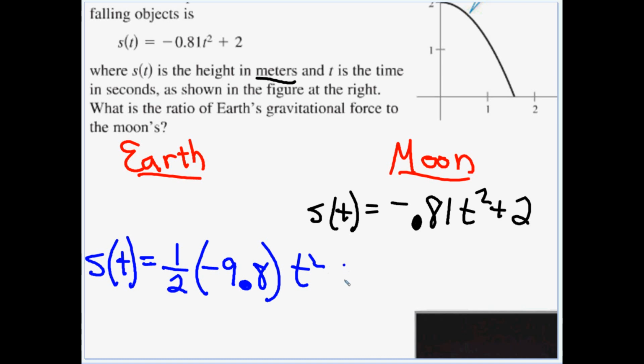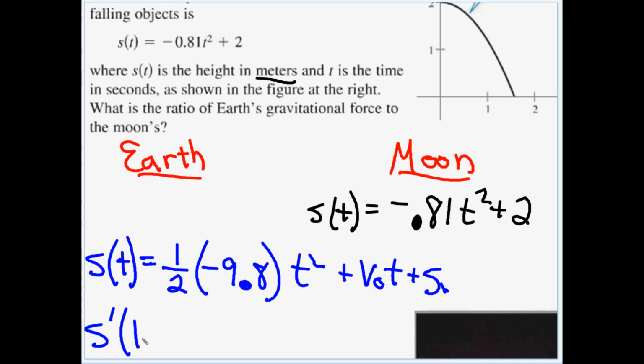And then we had our other stuff, plus v sub o times t plus, excuse me, s sub o, initial height. So we're going to derive each of these twice. Now, I wrote the Earth one here, and it sort of bled over into the moon part. So let's derive this once and then derive again.